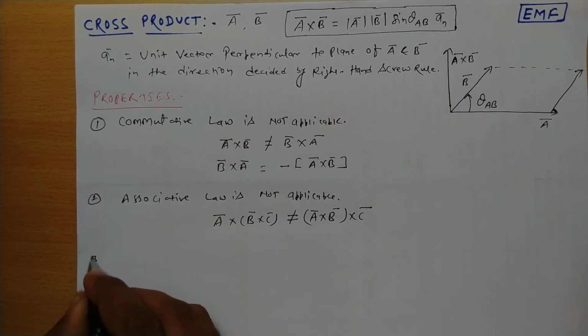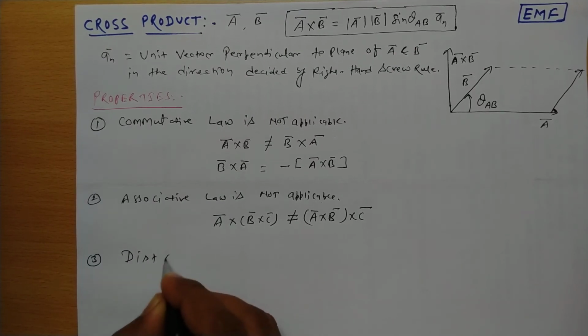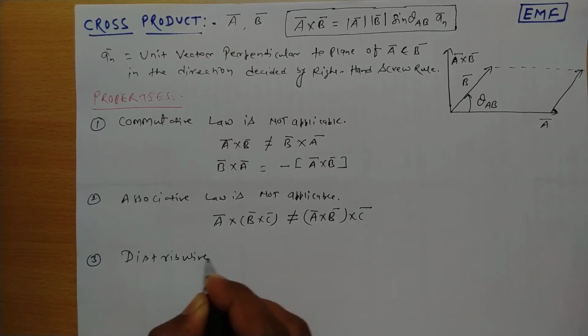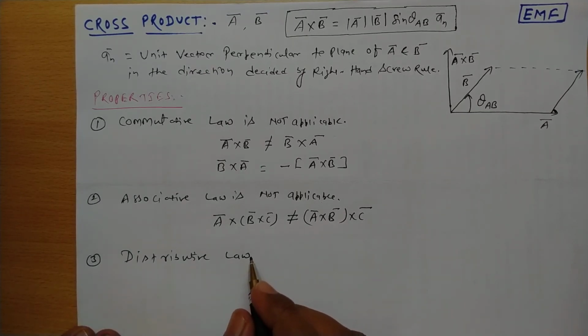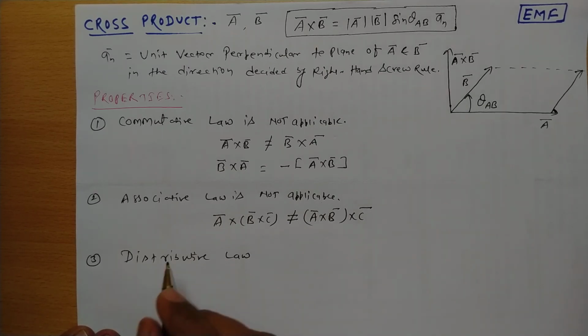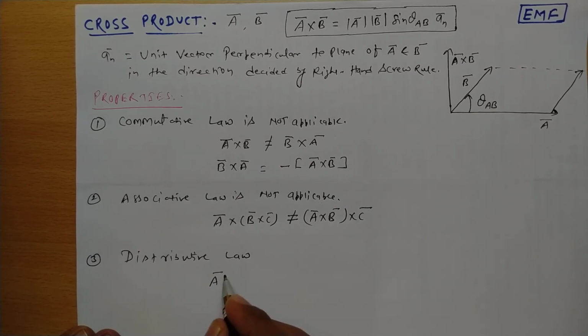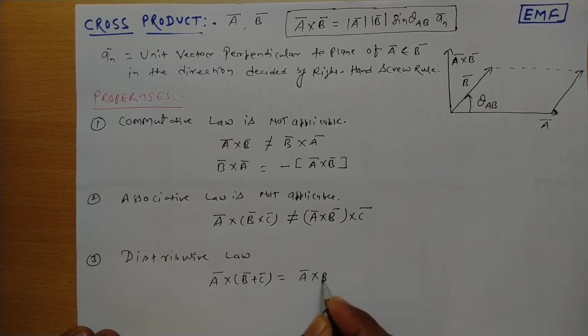So the distributive law for the cross product will be given as A cross B plus C is equal to A cross B plus A cross C, right?